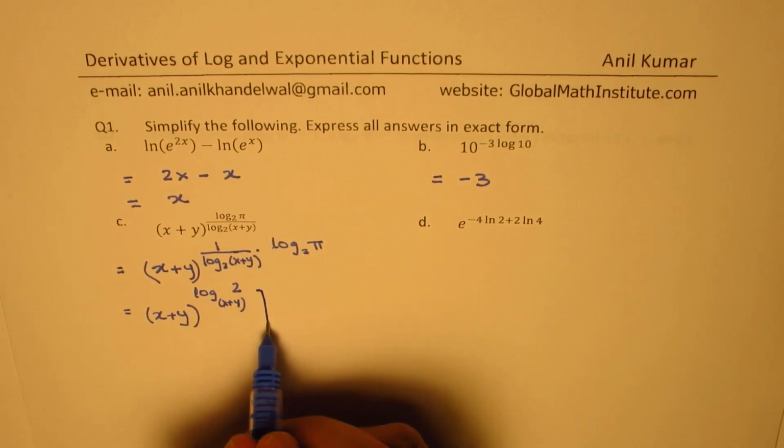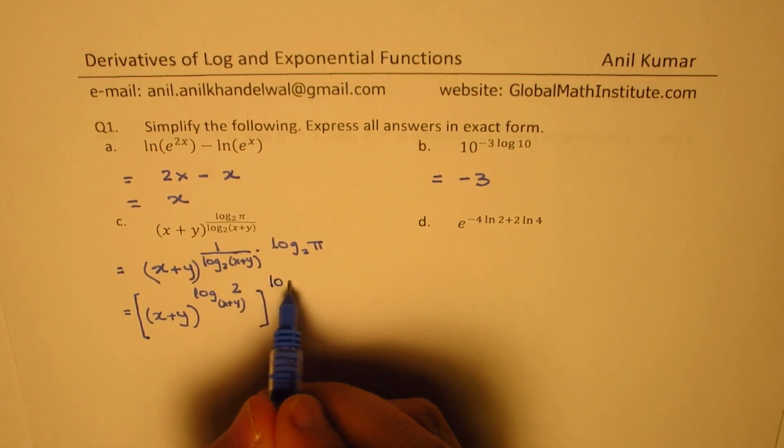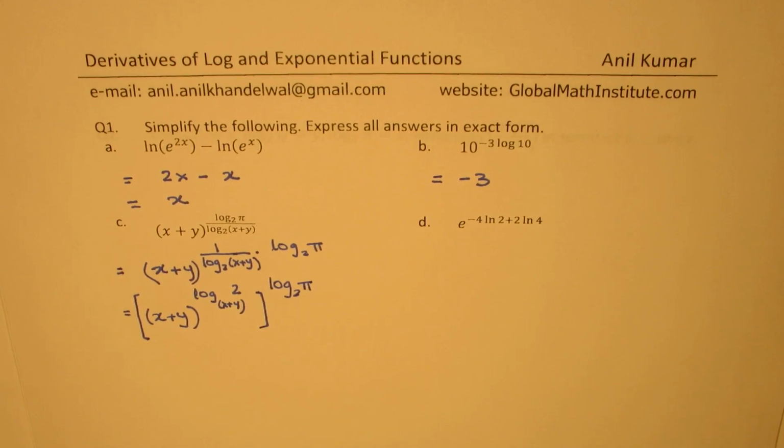So we could also write this as everything to the power of log of 2 pi. Does it make sense to you? So what we did was that the first exponent we interchanged and wrote by the reciprocal rule. Let me tell you what we have done here.